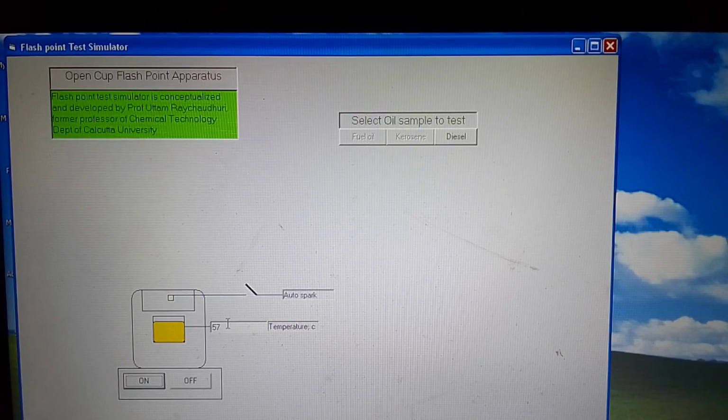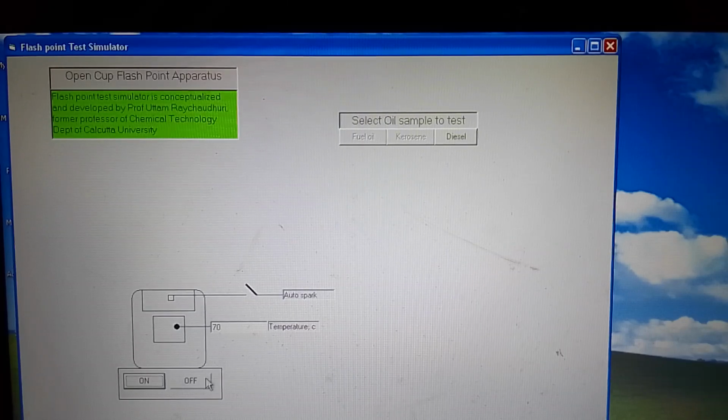So 55 or 56 is your flash point for the diesel, and the flame is constant at 62 or 63. 62 or 63 is your flame point or fire point for the diesel.